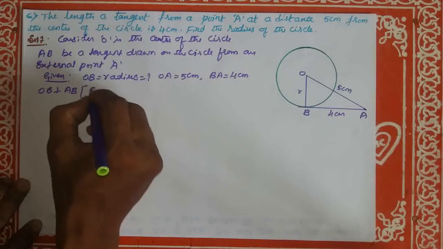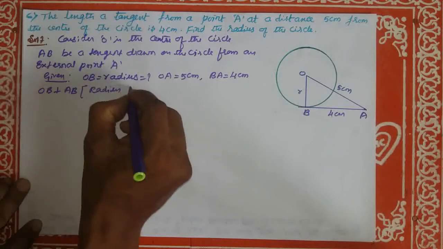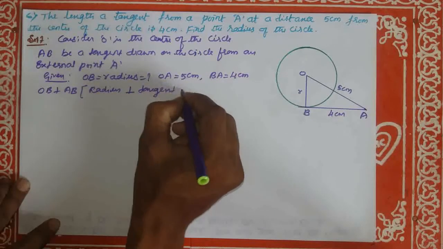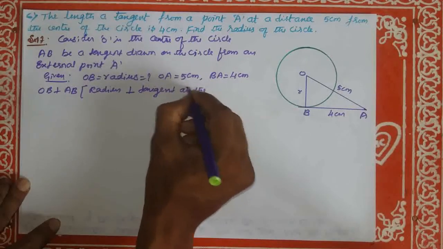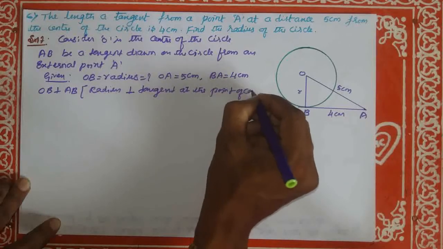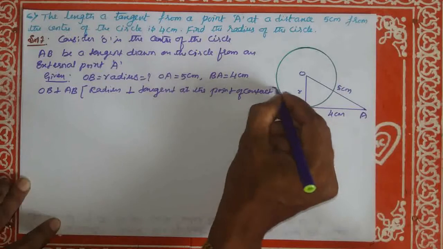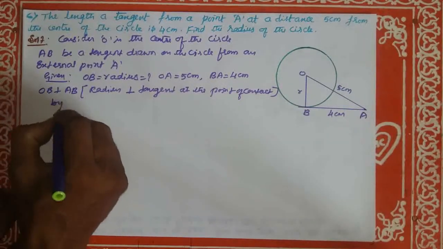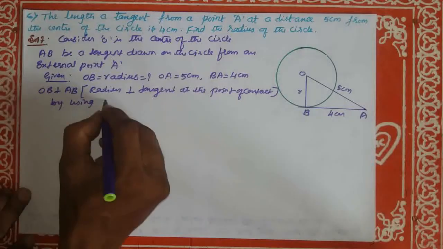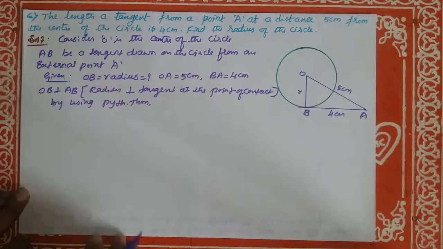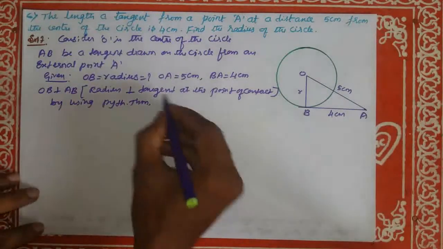In bracket I will write, radius perpendicular to the tangent at the point of contact B. By using Pythagoras theorem, we obtain.